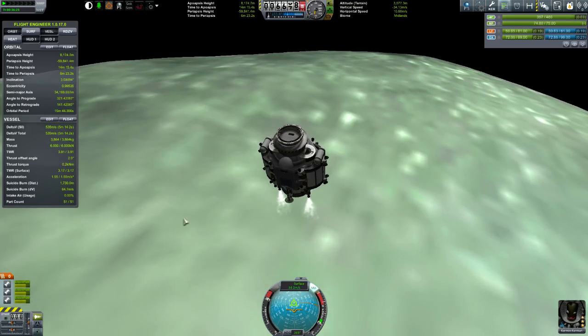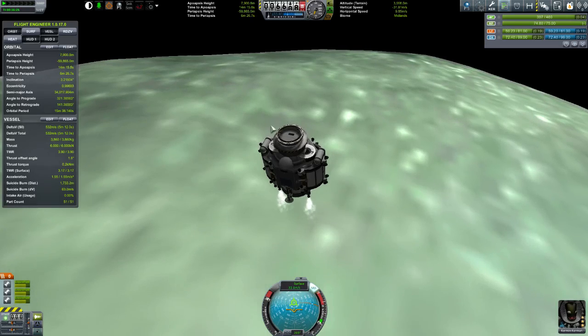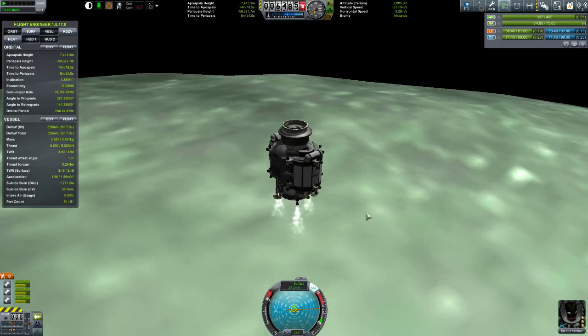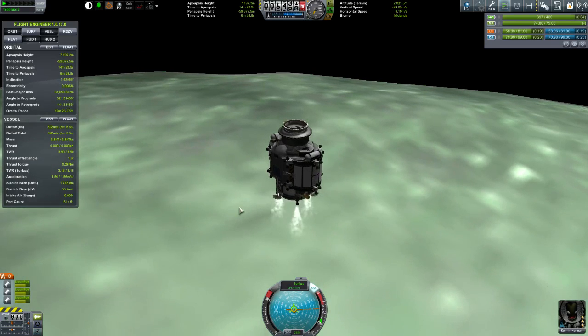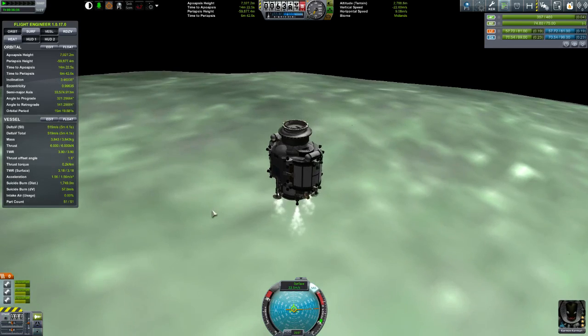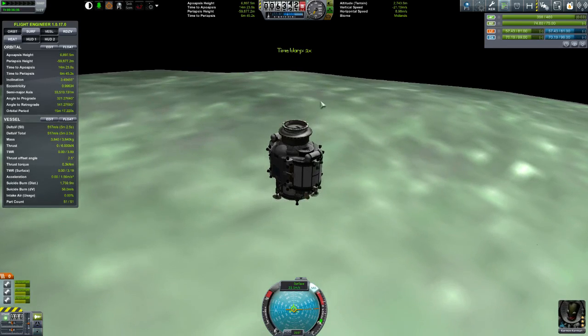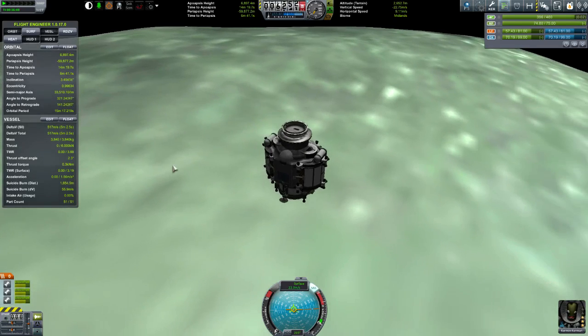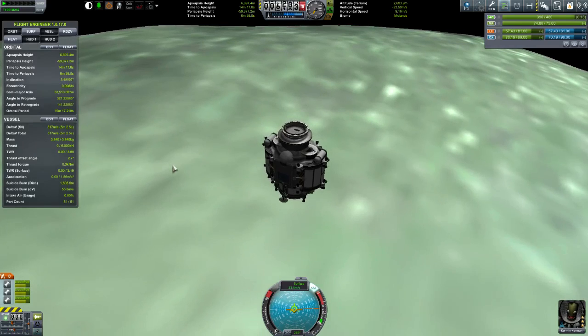As you can see, it takes a very, very long time for me to impart any change in direction. Our thrust to weight is now 3.9, even though we're burning fuel. So we're 2,000 meters off the ground. We'll just sink down a little bit further.